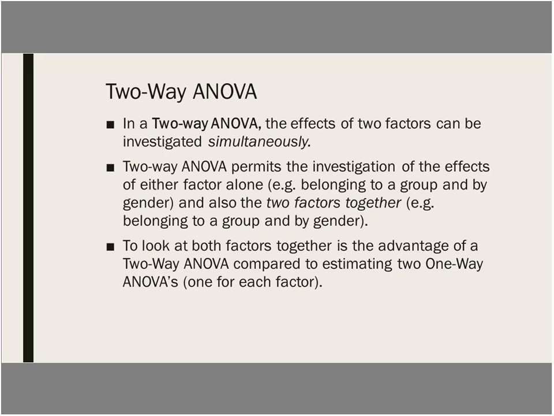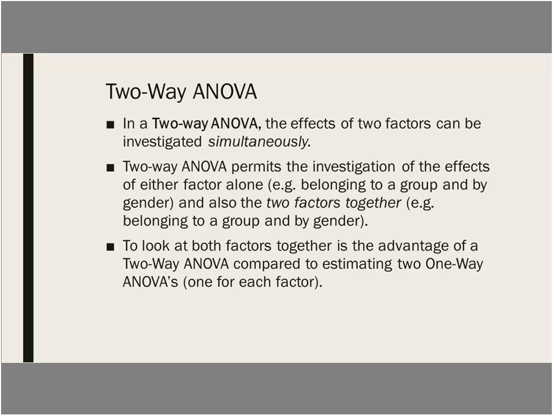In a two-way ANOVA, we investigate everything simultaneously. The two-way ANOVA is going to say, what are the effects of either factor alone? In other words, you belong to a group and you have a gender, and what are the effects together if you look at both group and gender? Looking at both factors together is the advantage of a two-way ANOVA compared to a one-way ANOVA.